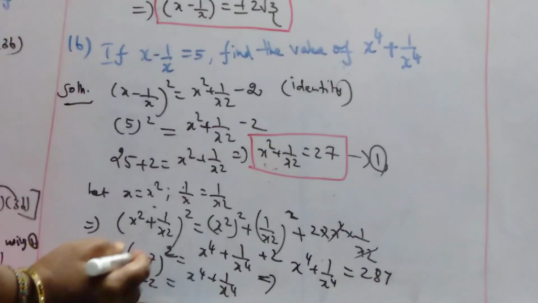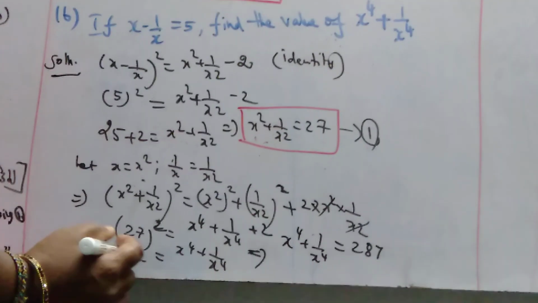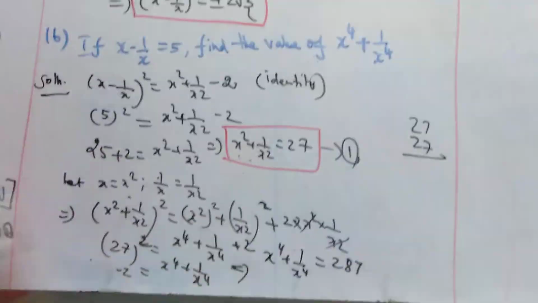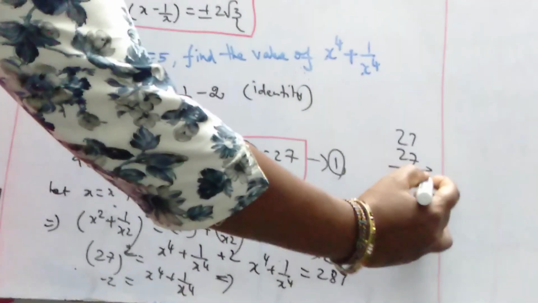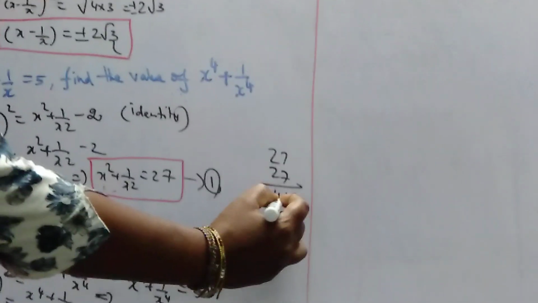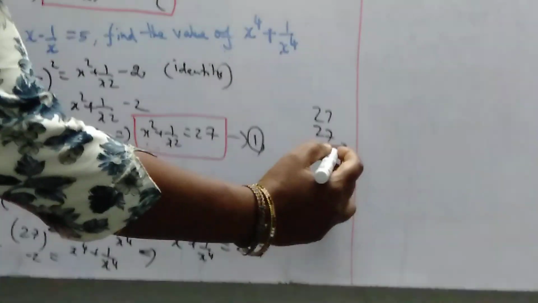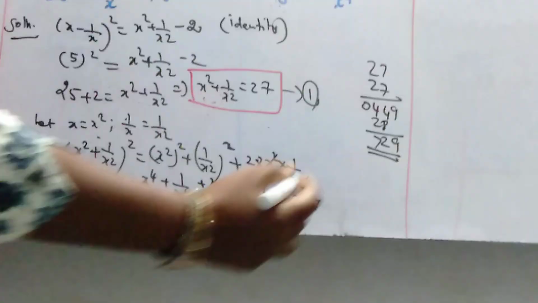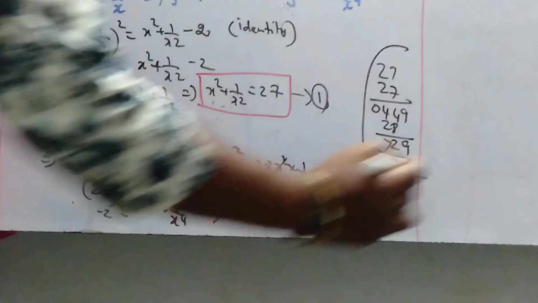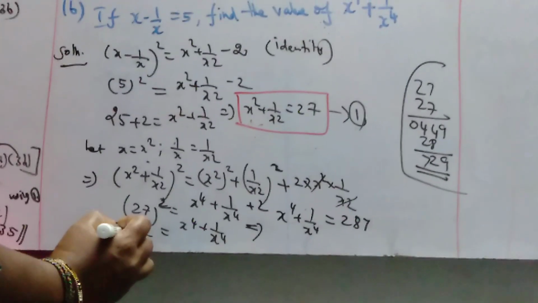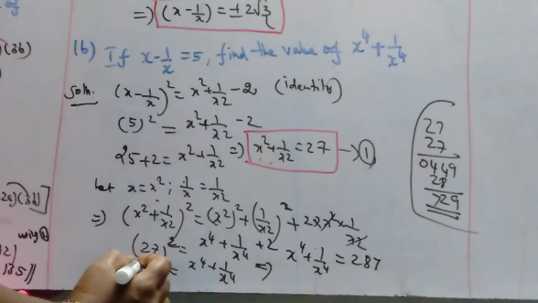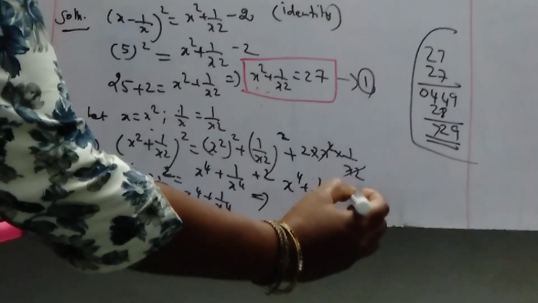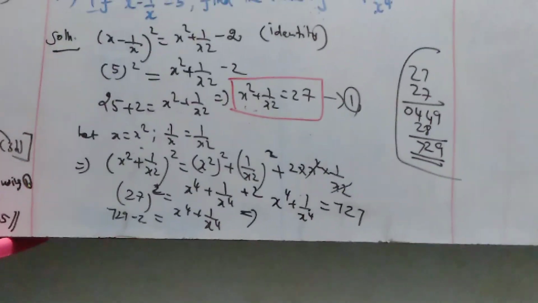The easiest way to calculate the square: 7 sevens are 49, you put 9 and carry 4; 2 sevens are 14, and 4 more is 18, and so on. Writing that, it is 729 minus 2, so 727 is the solution.